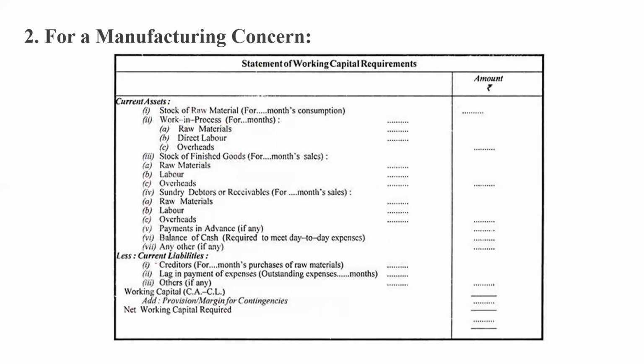In a similar manner, the calculation of current liabilities is made, and you subtract the value of current liabilities from current assets to find the value of working capital. Then you add the provision or margin for contingency, and the balancing figure is your answer.